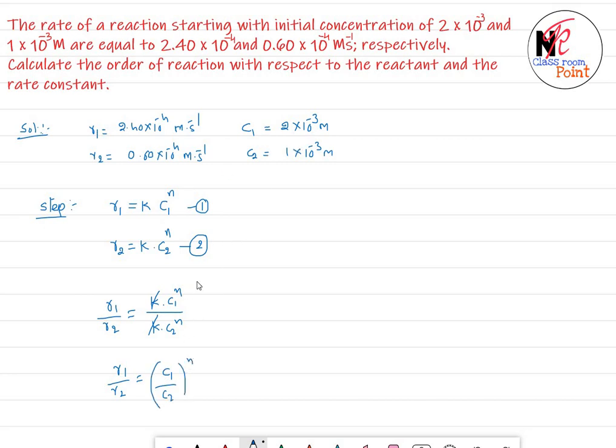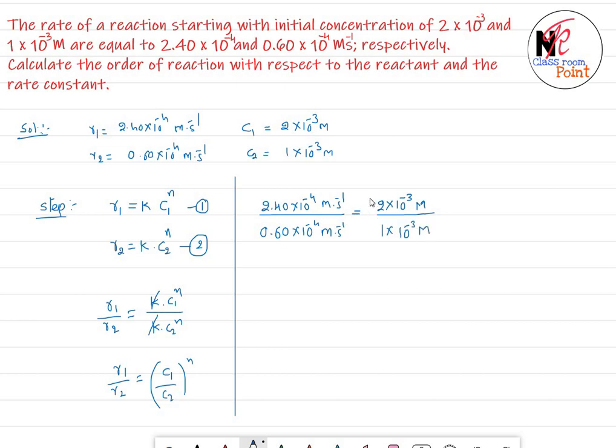Now we can substitute these values in this equation. R1 value is 2.40 into 10 power minus 4 molarity per second divided by R2 value 0.60 into 10 power minus 4 molarity per second, that equals C1 value 2 into 10 power minus 3 molarity divided by C2 value 1 into 10 power minus 3 molarity, whole power n.